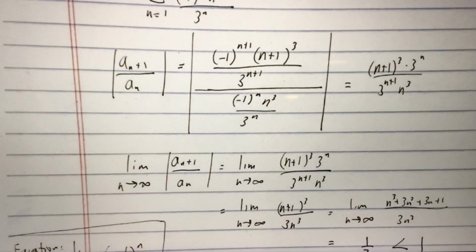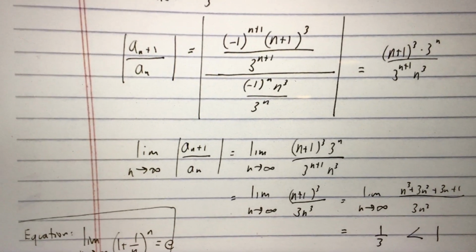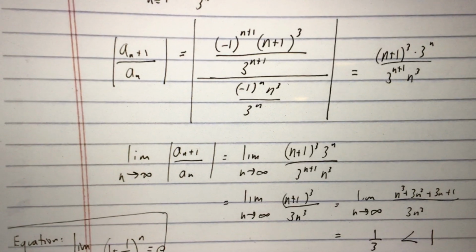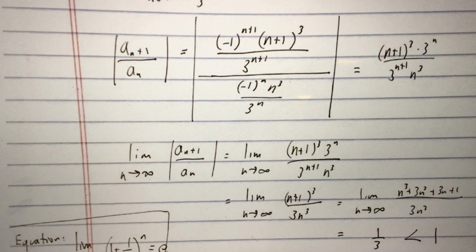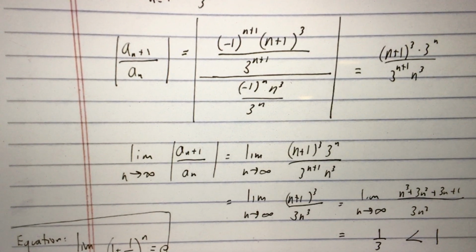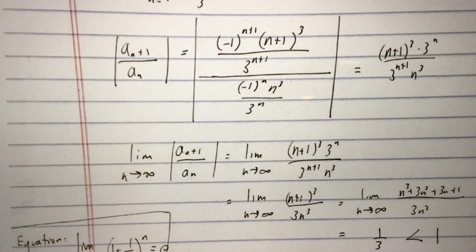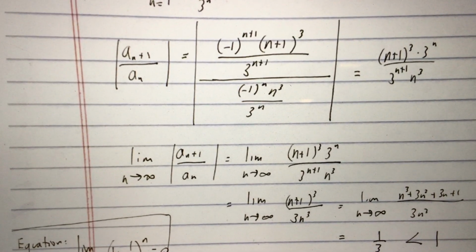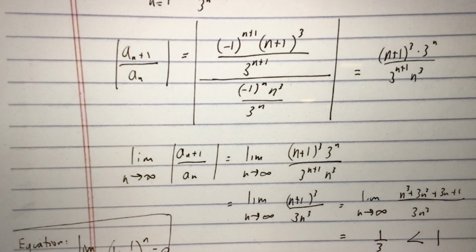Alright, now I'm supposed to take the limit of that. So I'm taking the limit of what I just found. N plus 1 cubed times 3 to the n over 3 to the n plus 1 times n cubed. And let's see. There's some immediate simplifying that I can do. 3 to the n on top and 3 to the n plus 1 on the bottom can be simplified.